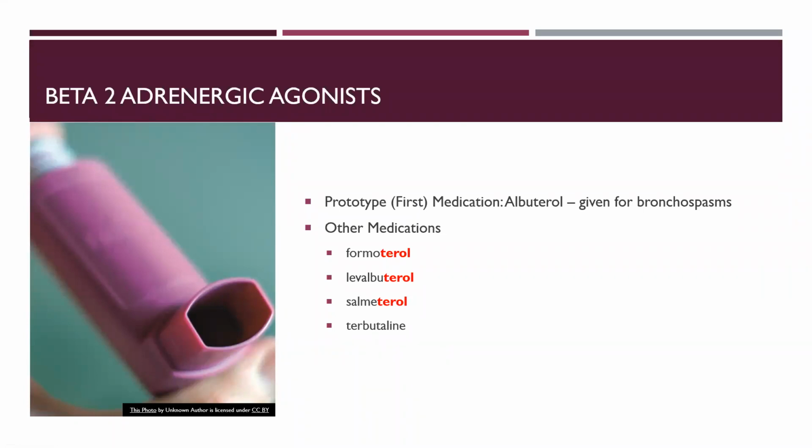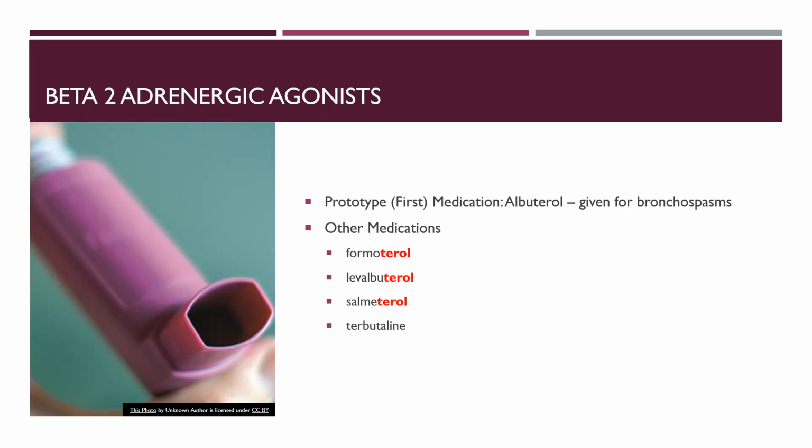Our beta-2 adrenergic agonist, once again, if it's an agonist, we're stimulating. The prototype medication, whenever you see that word prototype, that's the first one made, is our albuterol. And this is given for bronchospasms. If it's given for bronchospasms, do we think that it's for rescue or every day?